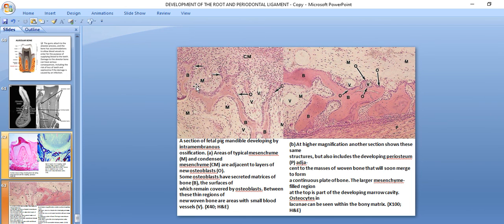Between these thin regions of new woven bone are areas with small blood vessels. Here you can see blood vessels, and at high magnification you can see the ossification centers of this mesenchyme.